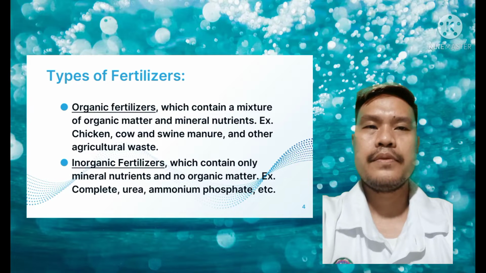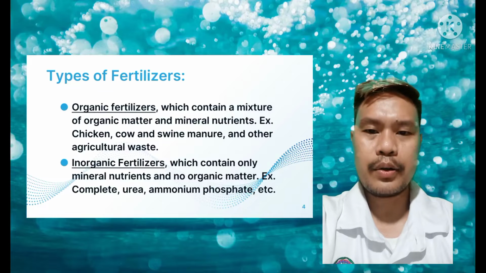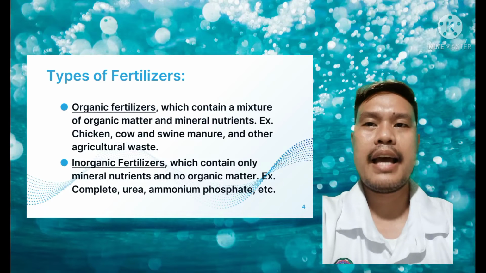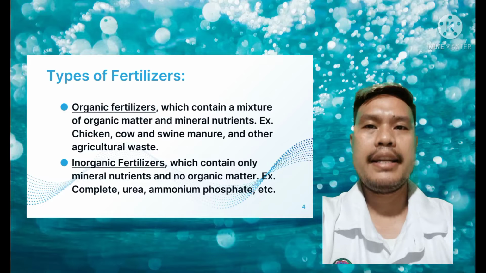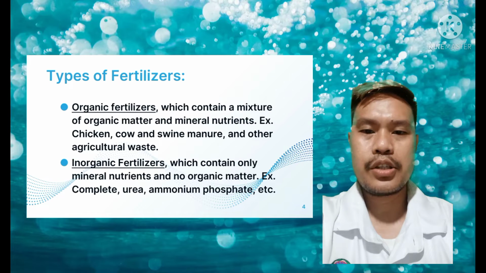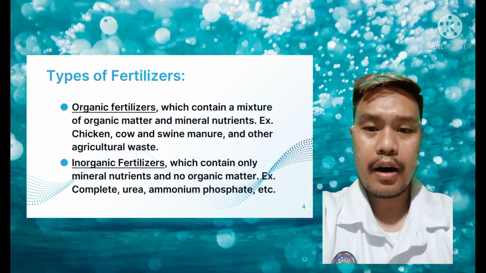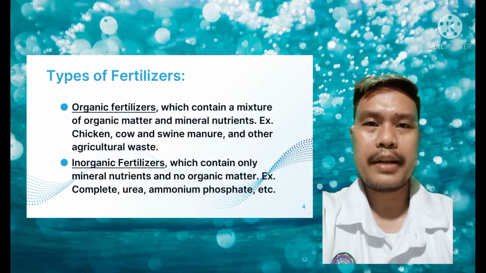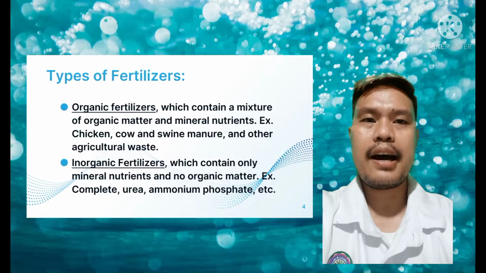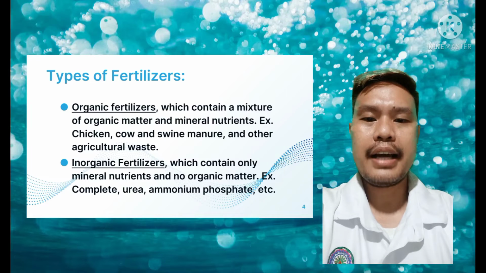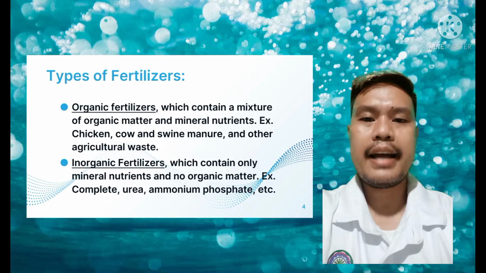Examples are chicken, cow, and swine manures and other agricultural wastes. Then inorganic fertilizer contains only mineral nutrients and no organic matter. Examples of these are complete, urea, ammonium phosphate, and etc.